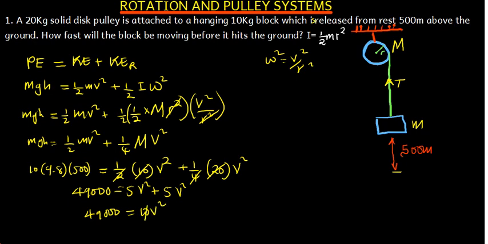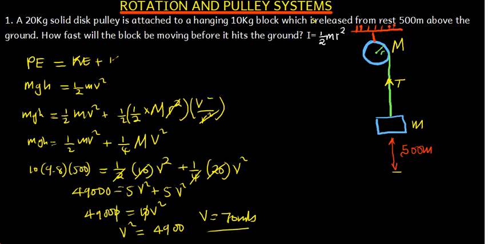So the 0 here cancels out with the 0 here. This will be v squared equal to 4900. Now we take the square root, and that gives us 70 meters per second. That is one way which we can use.